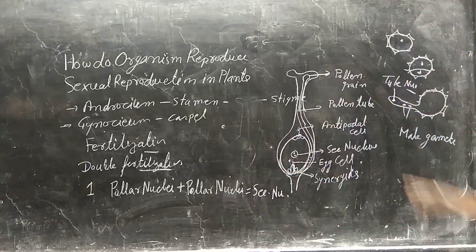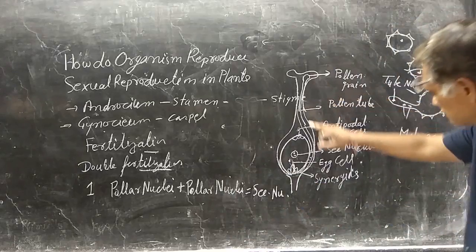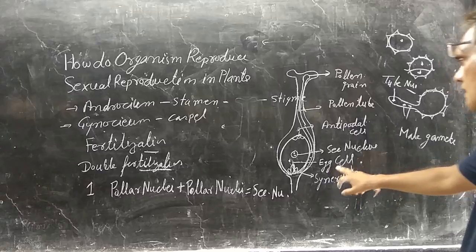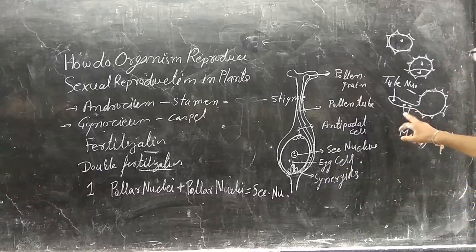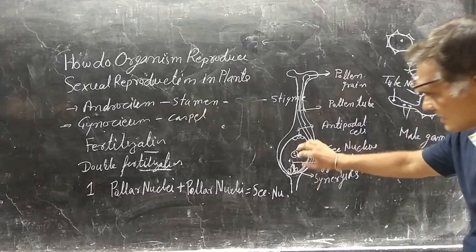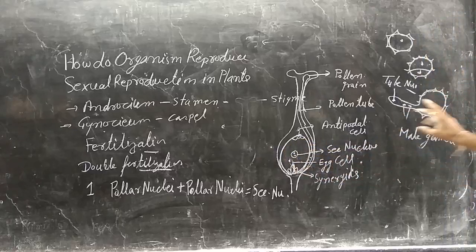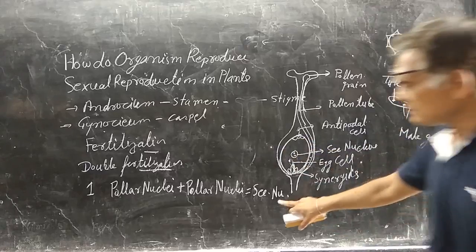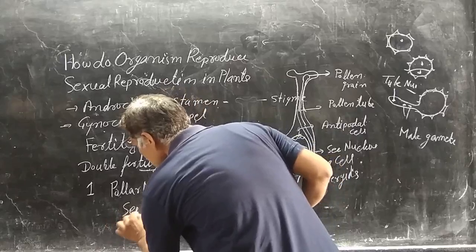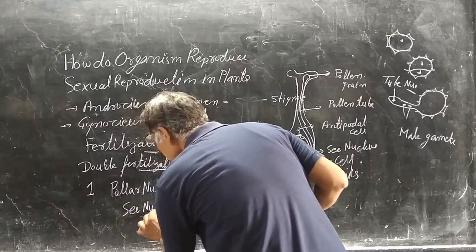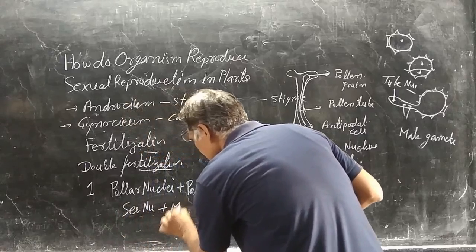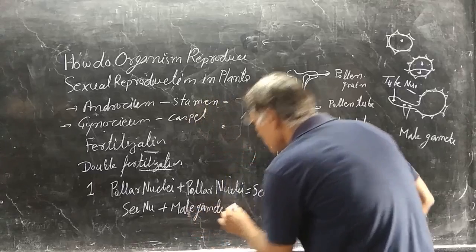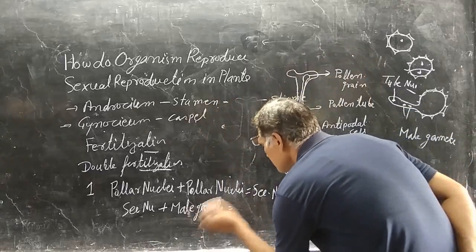After that, when the pollen tube enters inside the ovule through the egg cell, the two male gametes are released inside this ovule. Out of these two male gametes, one male gamete is fertilized with the secondary nucleus. Secondary nucleus plus male gamete form triple fusion.